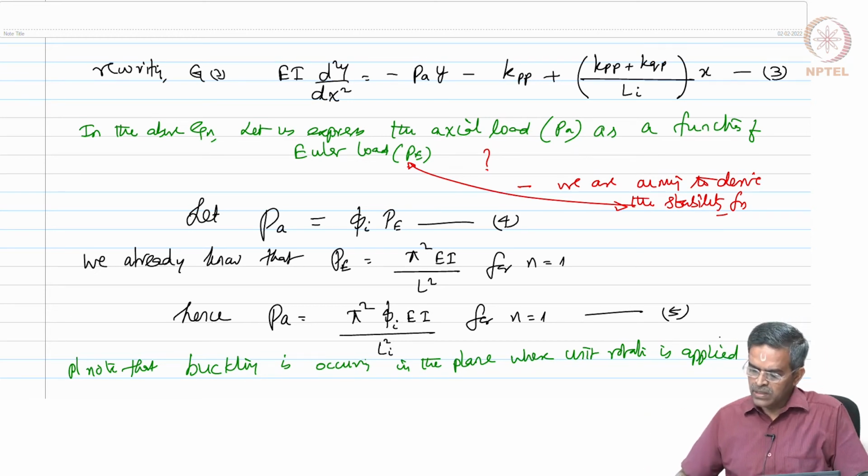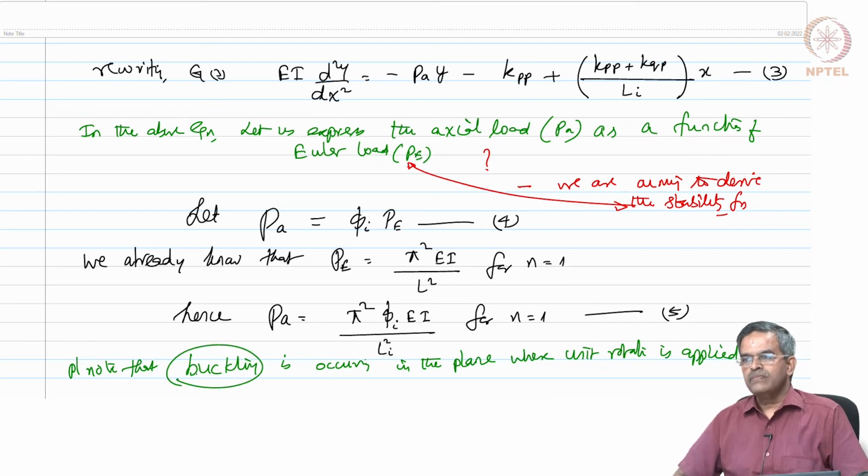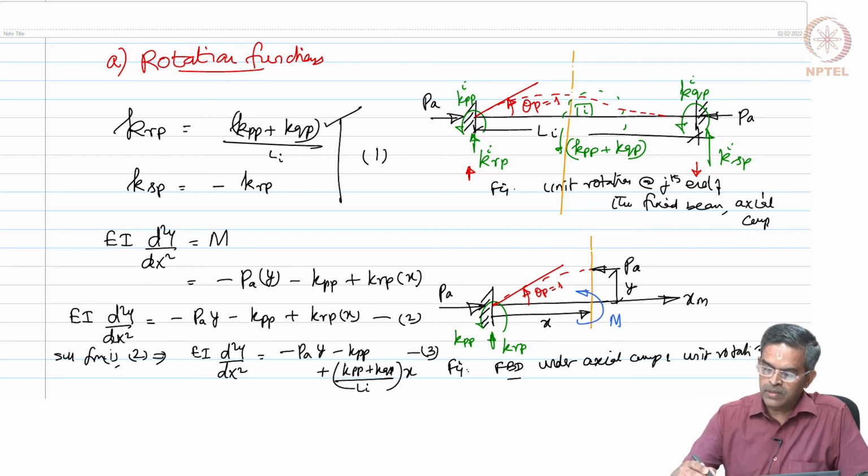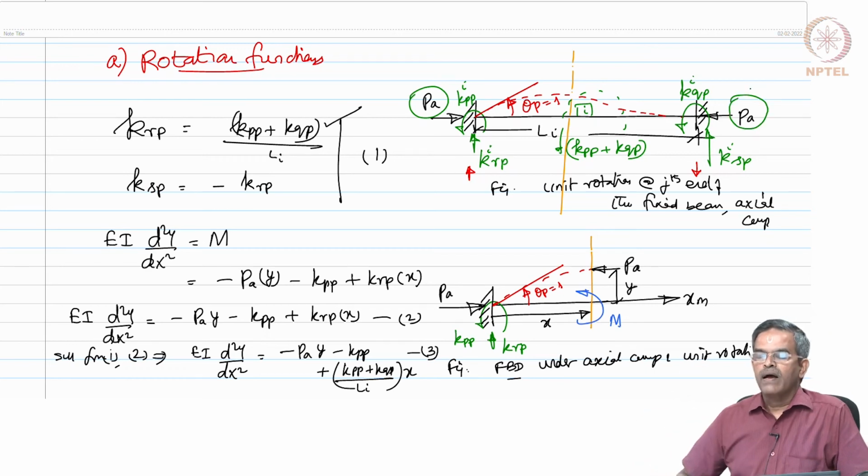You may ask me a question, suddenly how have I introduced the term buckling? Friends, look at this figure. This is a beam or a column element subjected to axial compression. Under axial compression, column will buckle, and that is one of the failure modes. We already discussed that in the previous lecture in detail, isn't it?